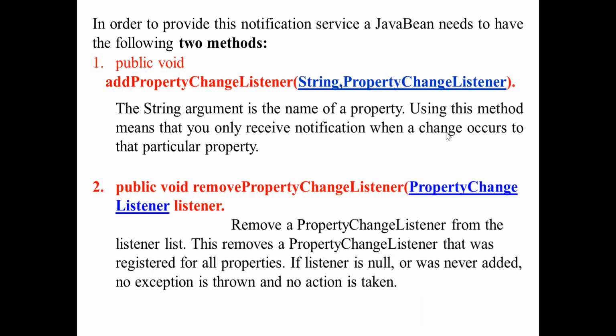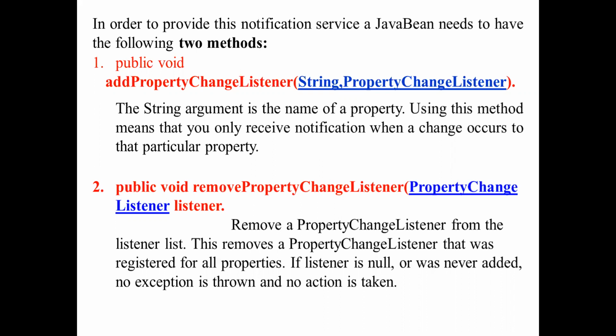So by using this method you can receive the notification when a change occurs to that particular property. Suppose I send one argument, and that argument is the name of the property, so that I add this property change listener, but it only receives notification when a change occurs to that one particular property.